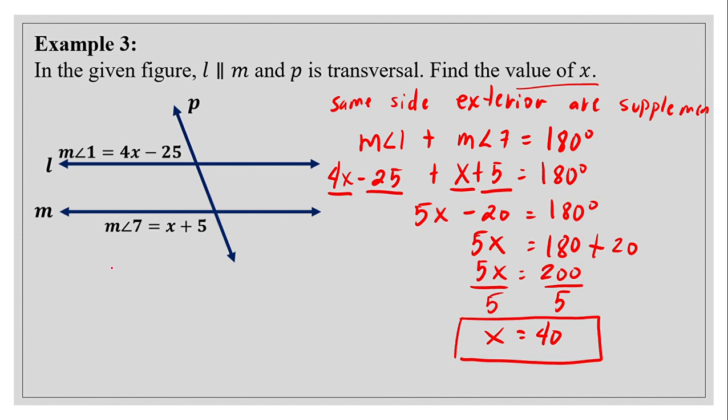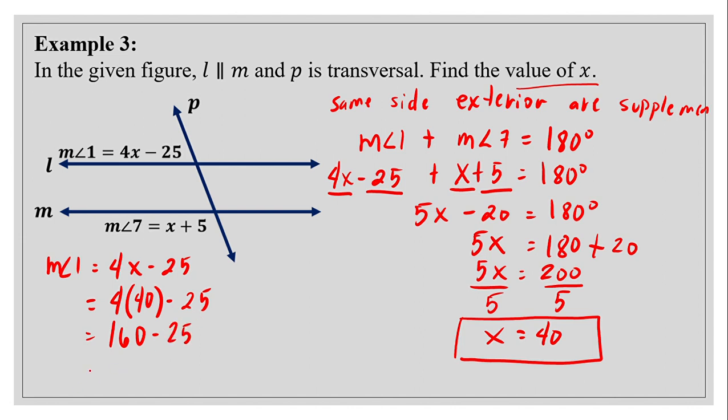Now, if you are asked to find the degree measure of angle 1, just substitute it. Our measurement of angle 1 is 4x minus 25. So we have 4 times 40 minus 25. So 4 times 40 is 160, minus 25. That is 135 degrees.